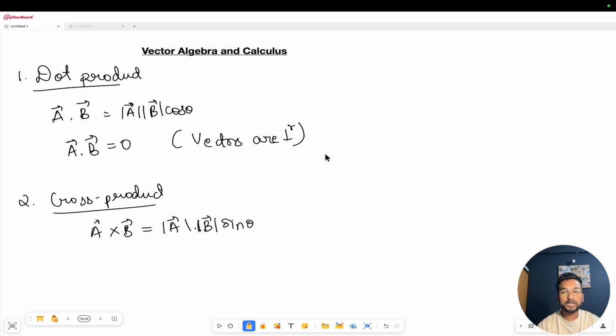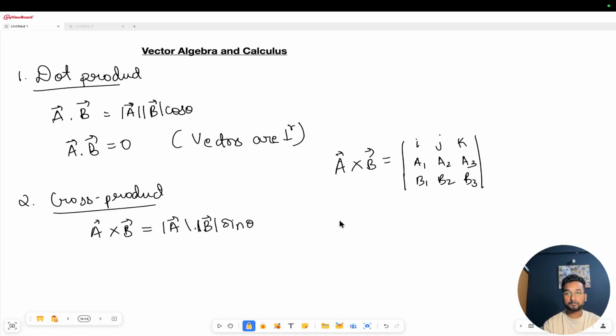How do you calculate the cross product? A vector cross B vector will be what? The determinant of I, J, K, A1, A2, A3, B1, B2, B3.